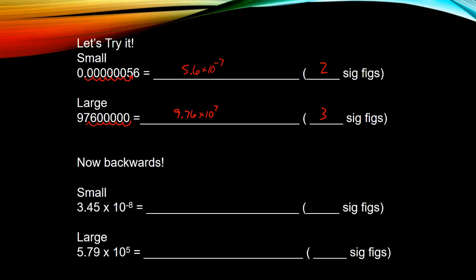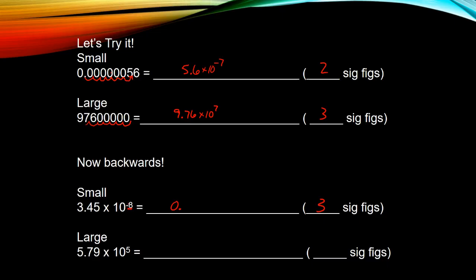All right, well, now let's look at it the other way. Let's say that we're starting off with the scientific notation and we need to write it in the normal fashion. That means that if we have 3.45 times 10 to the negative 8th, we have three sig figs to start, which means we should keep three sig figs. And since it's to the negative power, that means it's starting off with some leading zeros.